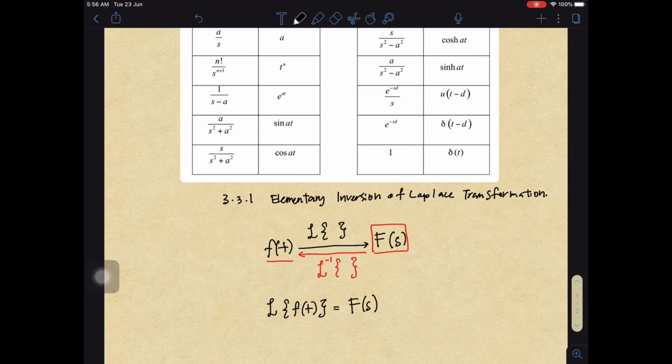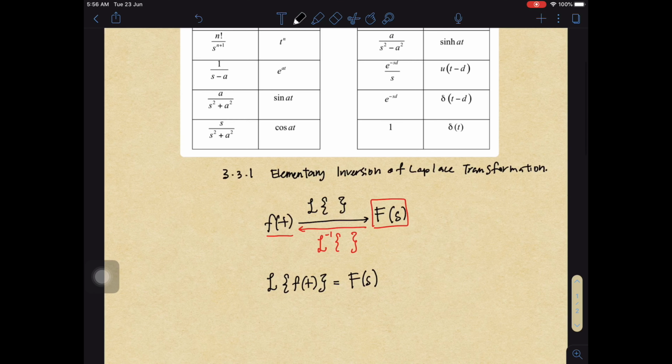Today we will see the inversion, where we inverse the Laplace transformation of F(s) to get back our f(t).